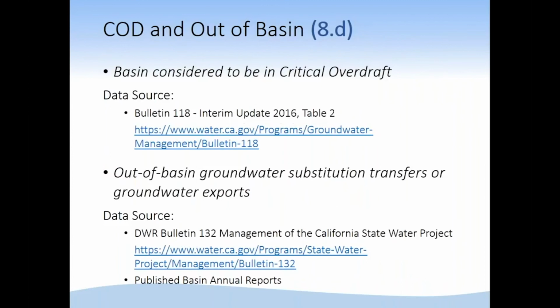Critically overdrafted basins and out-of-basin groundwater substitution transfers and groundwater exports. Again, these are new for 2018. Per Bulletin 118 Interim Update 2016, we identified 21 basins to be subject or in critical overdraft.